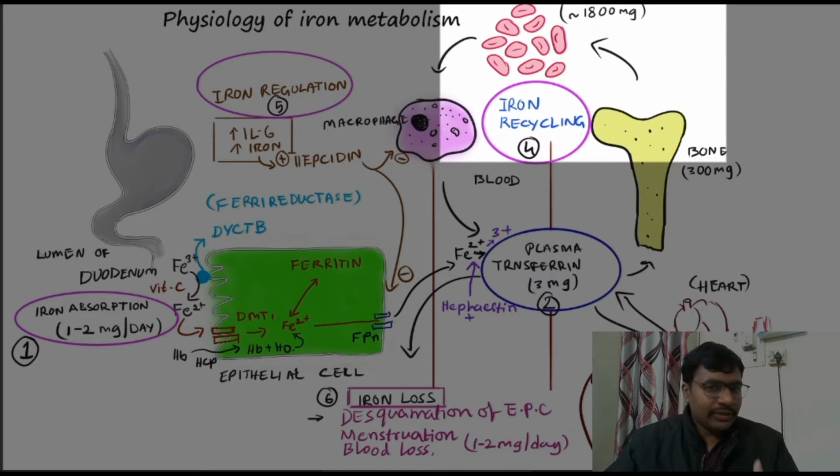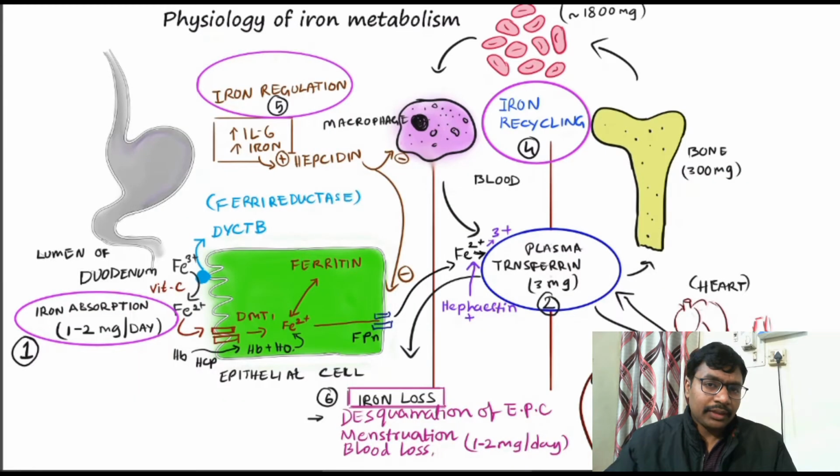The other physiological functions of iron: iron participates in DNA synthesis, in the electron transport chain as a part of cytochrome enzymes, and it is also there in myoglobin, which is inside cells like skeletal and cardiac muscles, and iron participates in certain oxidation and reduction processes as a part of enzymes.